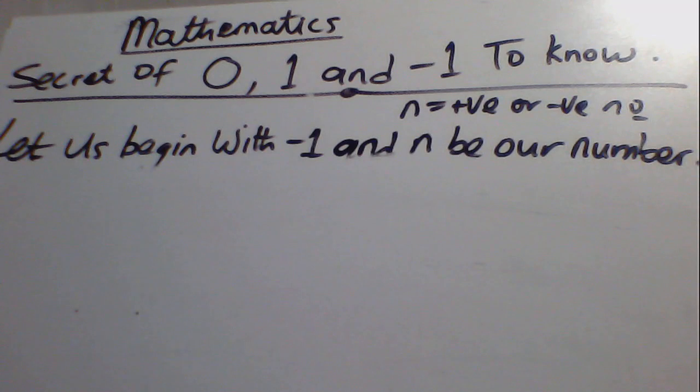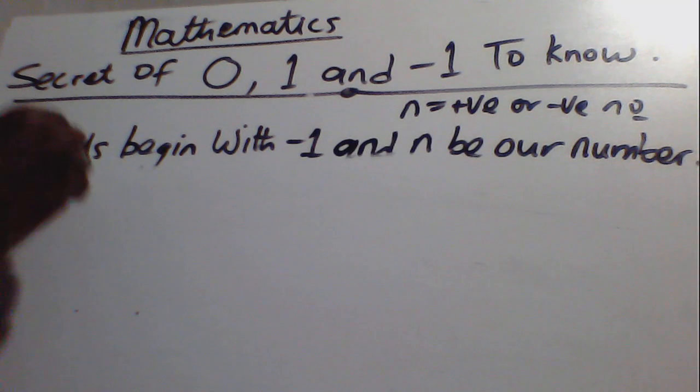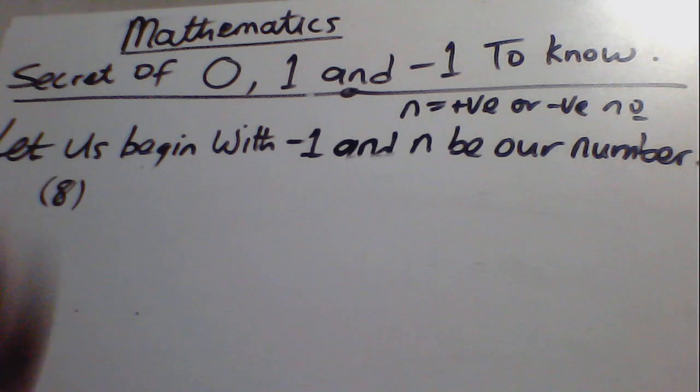You have already known everything. You have already known that subtracting and negative. The next is the eighth one. We have already learned every secret of minus 1, 1 and 0. But the eighth one is subtracting a number from minus 1. So what will happen?